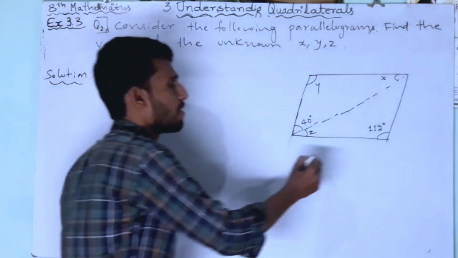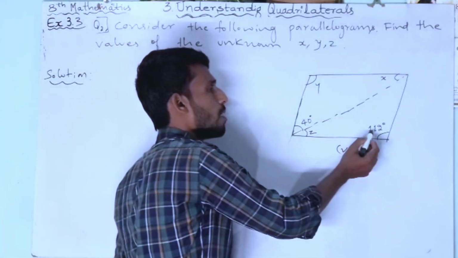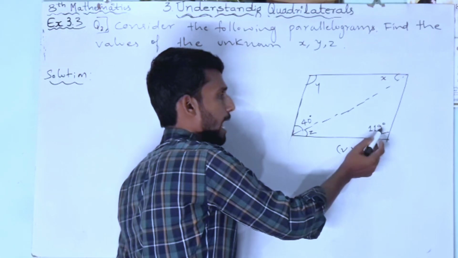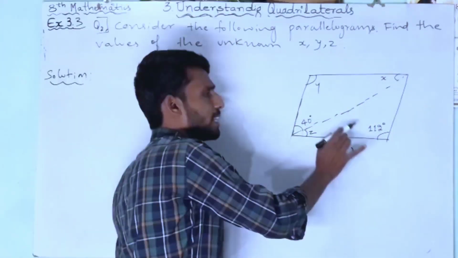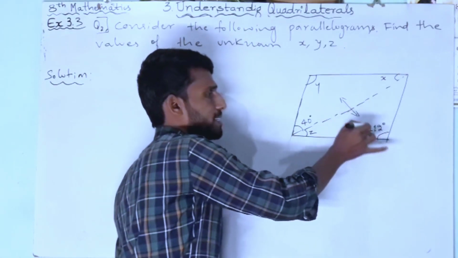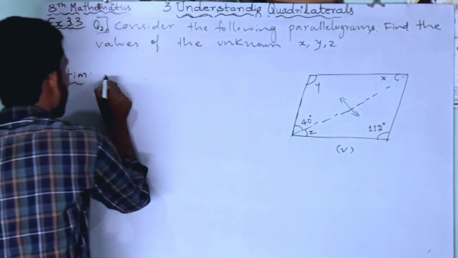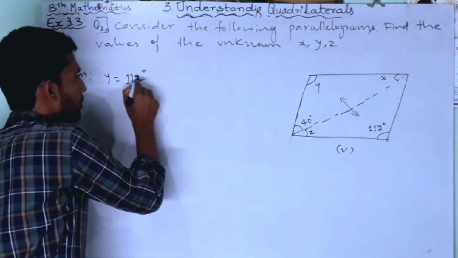Now I am taking the fifth figure. Here the angle given is 112 degrees and we have to find out X, Y, Z. We know opposite angles in a parallelogram are always equal, meaning Y is equal to 112 degrees.